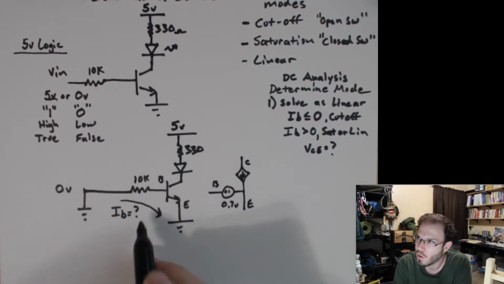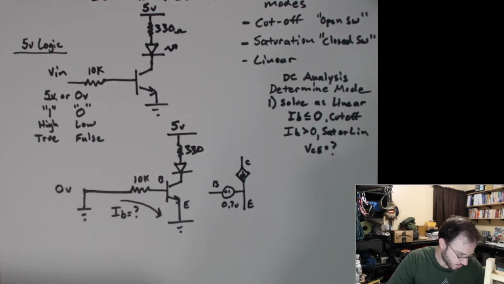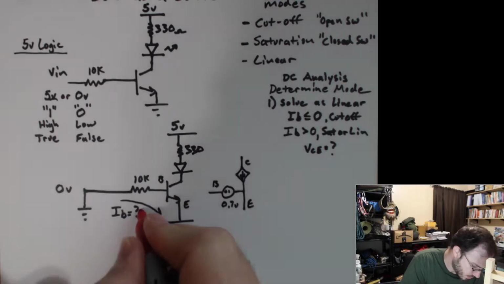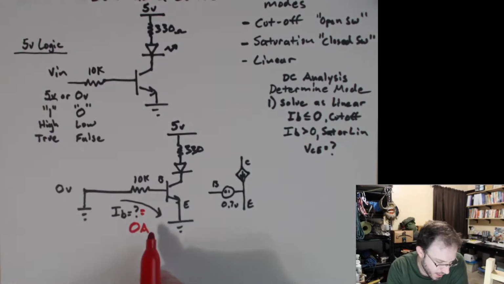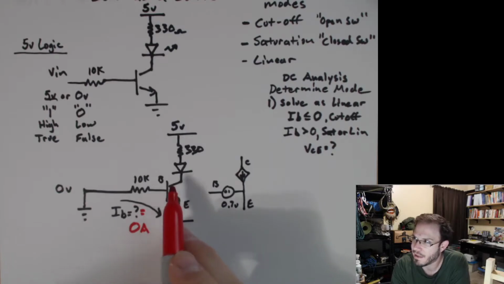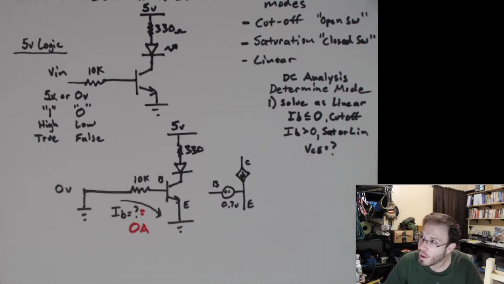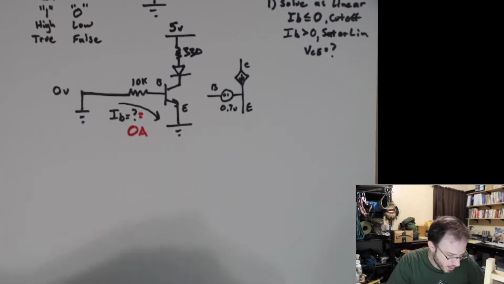Well, we're not. So IB has to be 0. Well, if we're less than or equal to 0, this must be cutoff, right? So if we're in cutoff, replace the linear model with the cutoff model and solve for what that is. Let me go ahead and redraw this now that we know we're in cutoff mode.